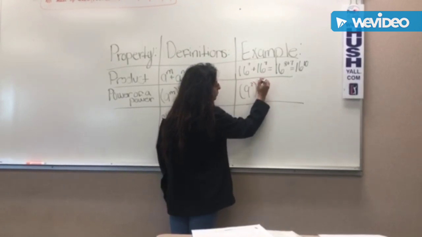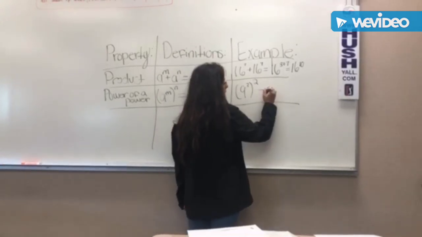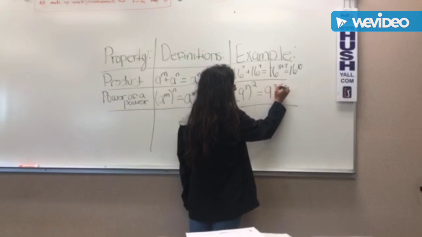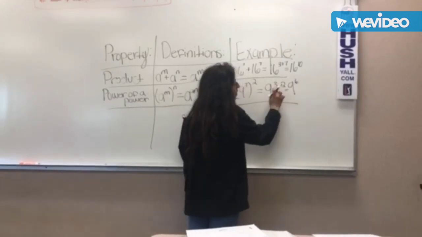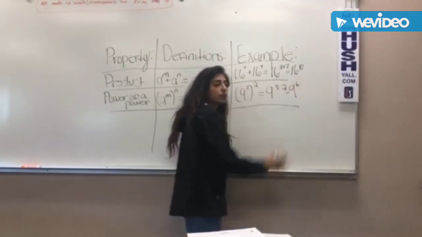We'll put a 3 as the exponent on the inside, and then a 2 is the exponent on the outside. Now your exponents are 3 and 2, you would multiply those together, so this comes out to be 6.